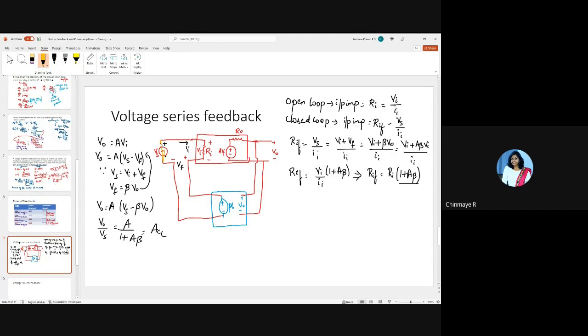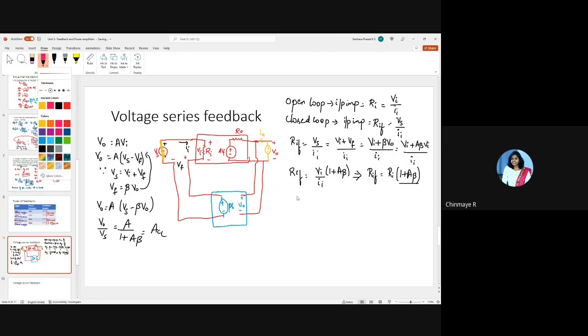So basically you're going to short the input, and then you apply a small voltage V0 here. Let's say we apply a small voltage V0 at the output, and then find the current I0, right? V0 by I0 will give us the output impedance of the closed loop amplifier.